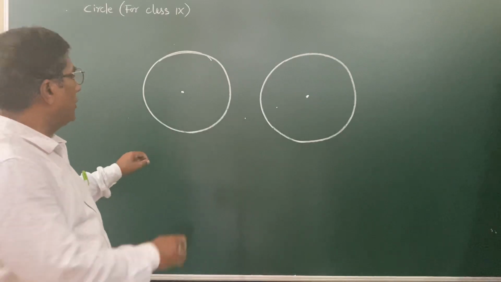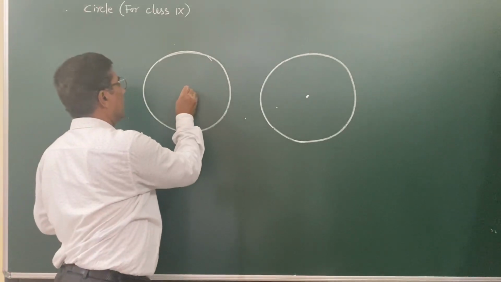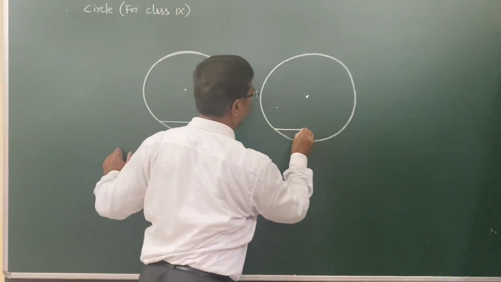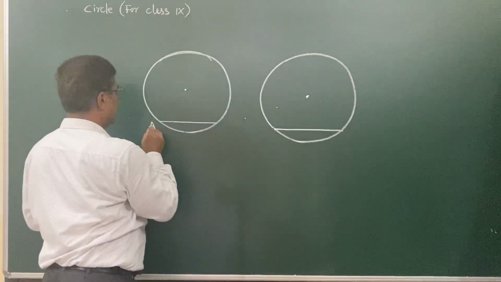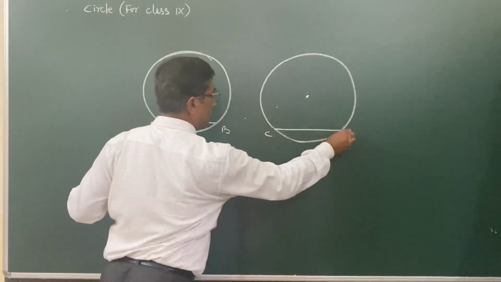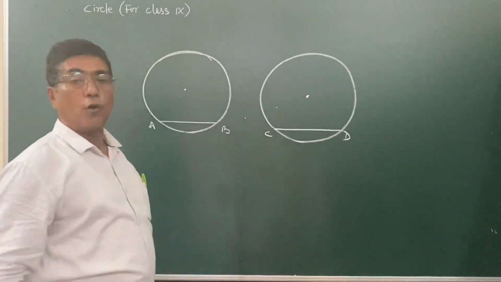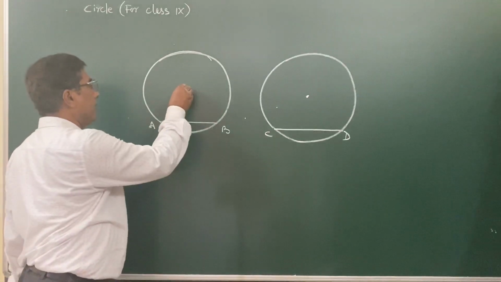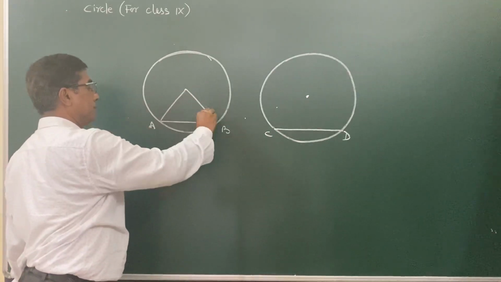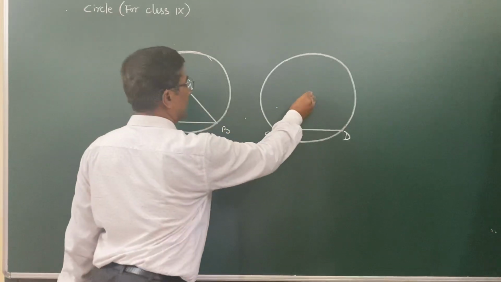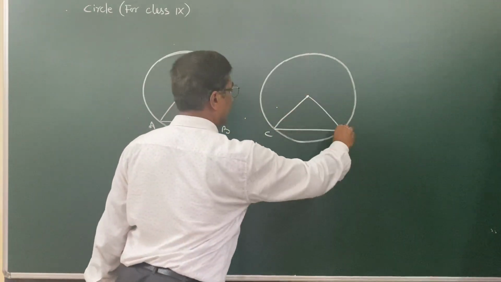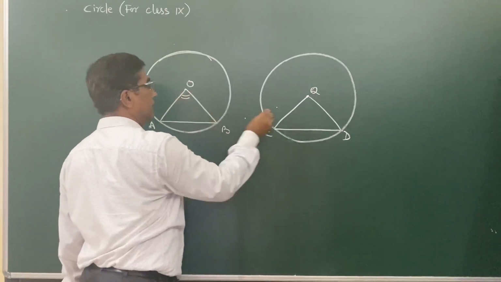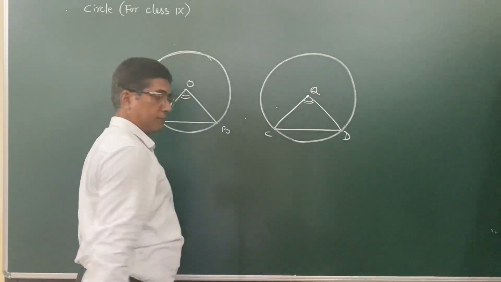So if two chords of congruent circles are equal, suppose this is a chord, this is a chord, then we have to prove they subtend equal angles at the center. That means you have to prove this angle and this angle are equal.